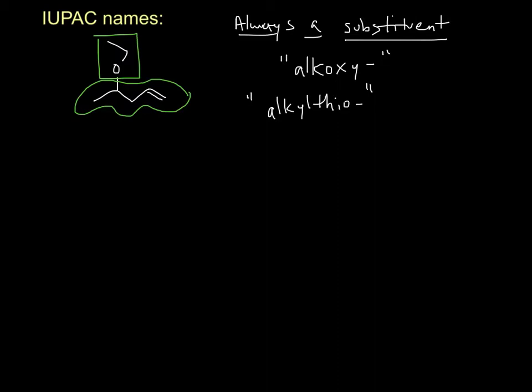So if we remember our nomenclature, we would start at our alkene. 1, 2, 3, 4, 5. So my main chain here would be a 1-pentene. The 1 indicates the location of the alkene. And then we would have that substituent right here at carbon number 4.